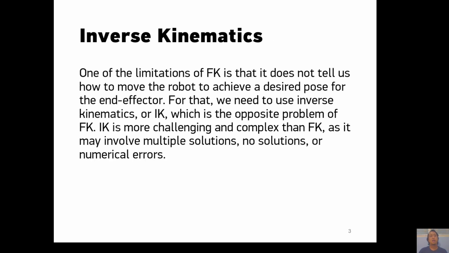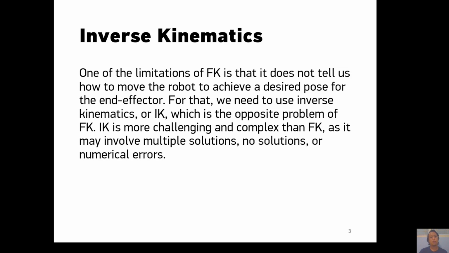And there is also inverse kinematics. A limitation of forward kinematics is that it does not tell us how to move the robot to achieve a desired pose or desired position for the end effector. For that, we need to use inverse kinematics, or IK, which is the opposite of forward kinematics.